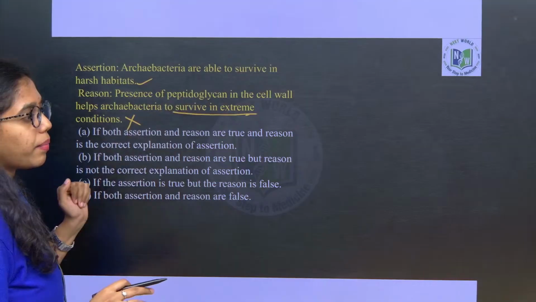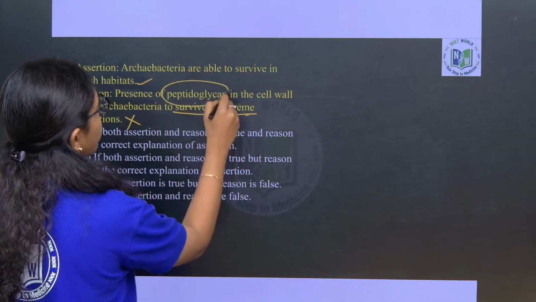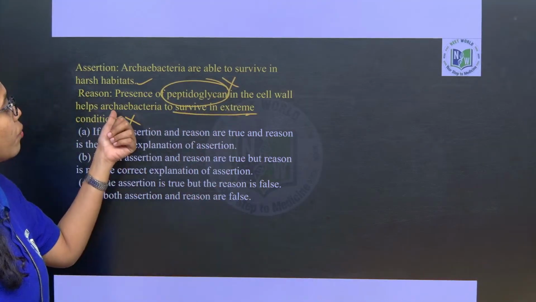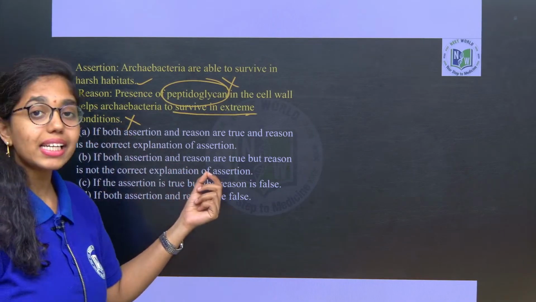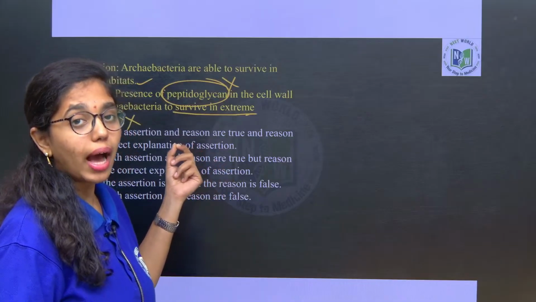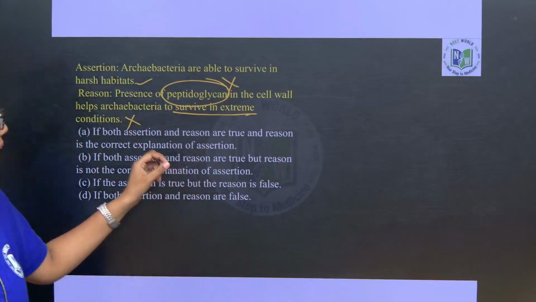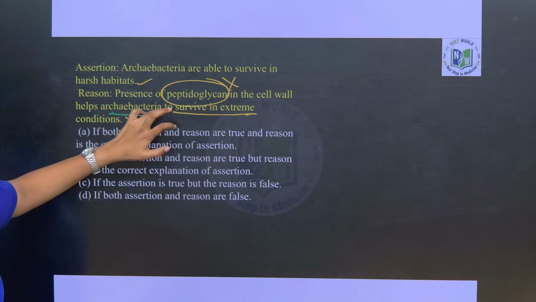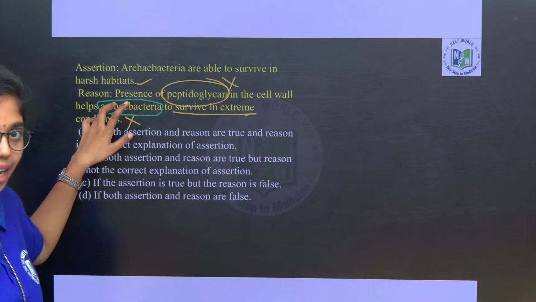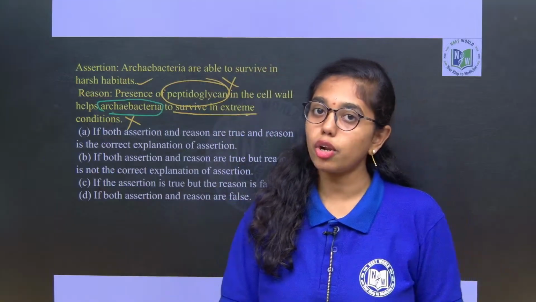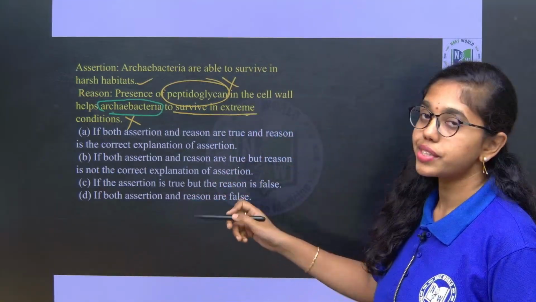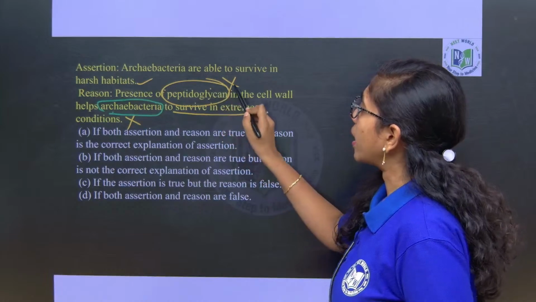What is the cell wall of archaebacteria? It is made up of polysaccharides and branched lipids, which helps them survive as thermoacidophiles, halophiles, and methanogens. It is not peptidoglycan.